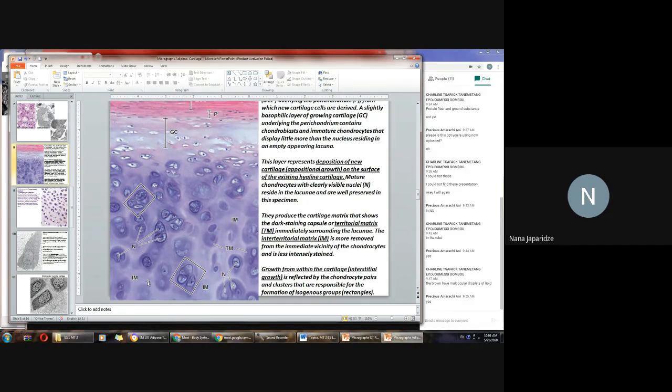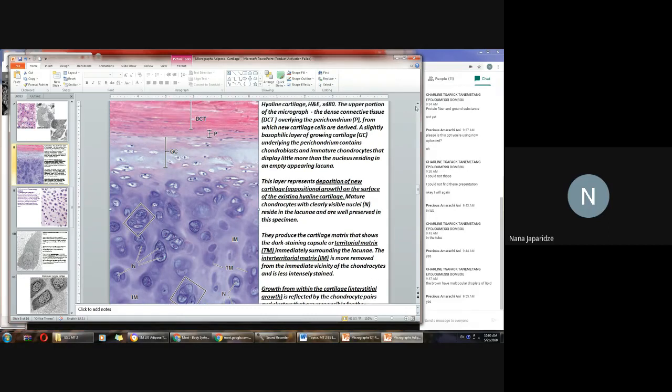And in the cartilage tissue, in the hyaline cartilage, this is hyaline cartilage, we have cells which are grouped. They give rise to the isogenous groups of the cells. So we have here several different layers in this tissue sample.